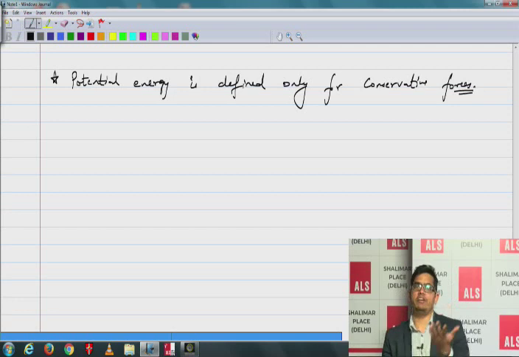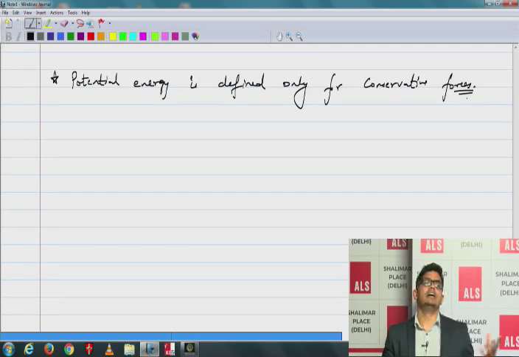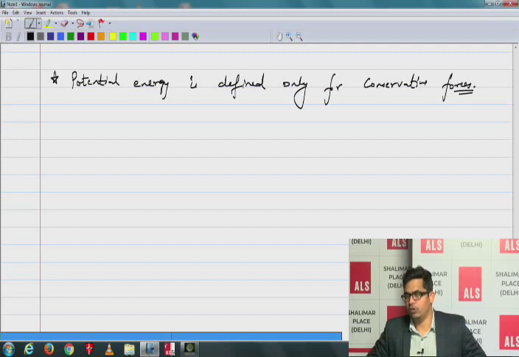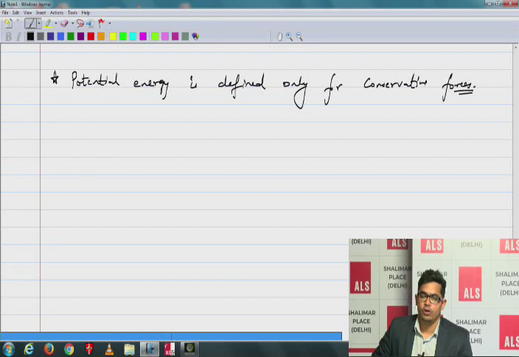For example, gravity, a spring, two charges or the configuration of certain charges. Only for these things can we define potential energy. We cannot define potential energy for friction. Is that clear?